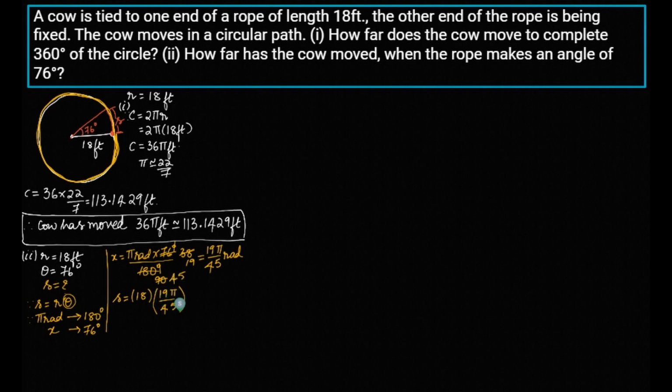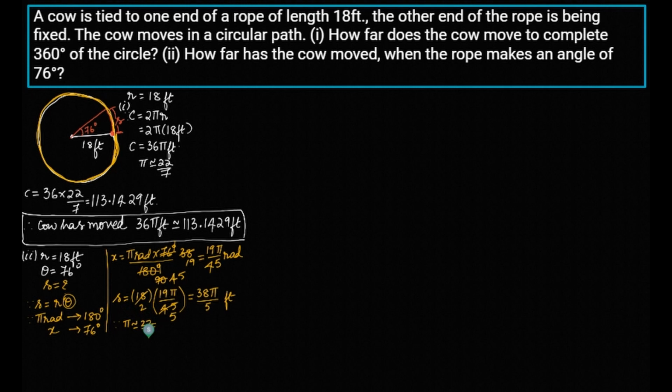So 9 into 2 is 18, 9 into 5 is 45. So we get 38 pi by 5 feet.